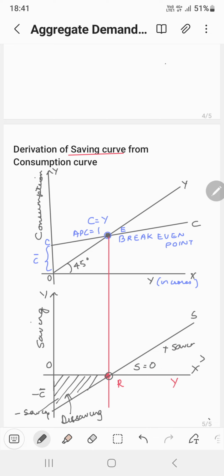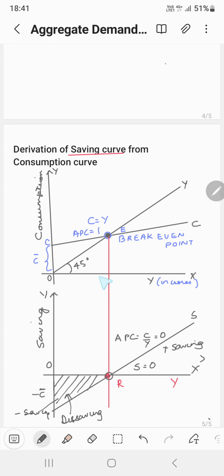This is the area of positive saving. And at this point where saving is equal to 0, what will happen to the APC? APC is equal to C upon Y, which will be equal to 0. Clear? So this is how we derive the saving curve from the consumption curve.